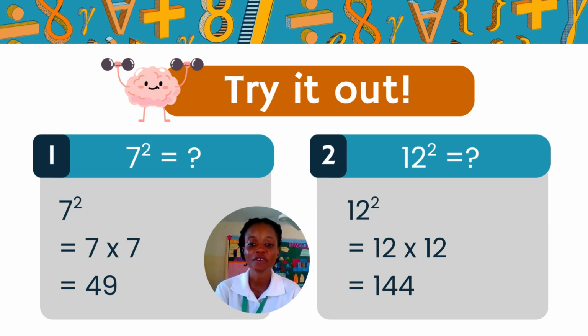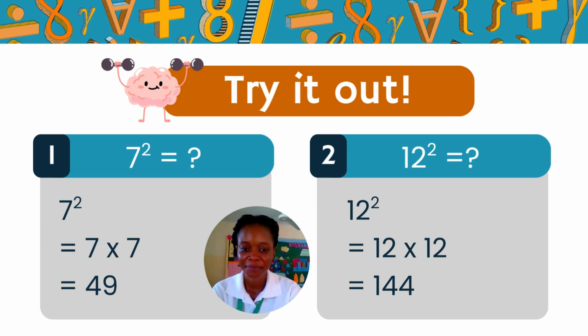And we can see the answer there on the screen. 12 times 12 is 144. While 7 times 7 will give us 49. So when you are given questions like 7 raised to power 2, all you need to do is multiply the number by itself. Not 7 times 2, but multiplying the number by itself, which is 7 times 7.